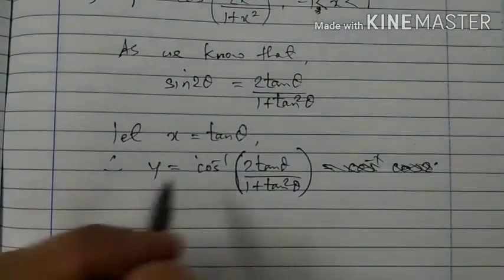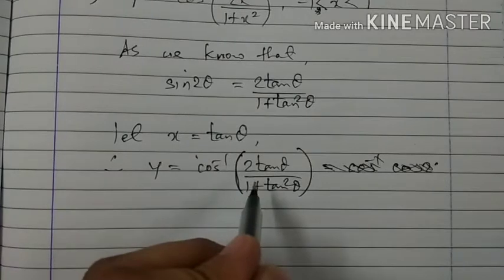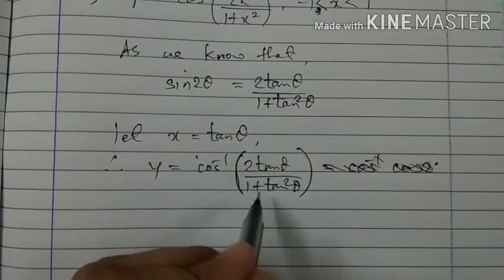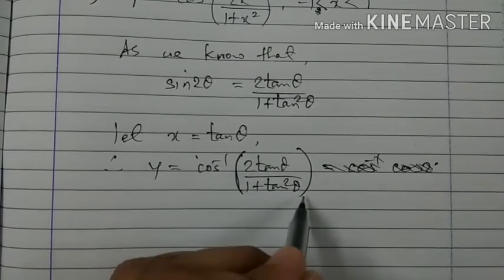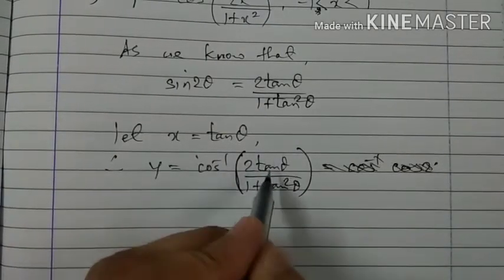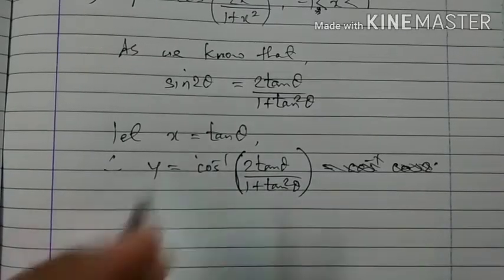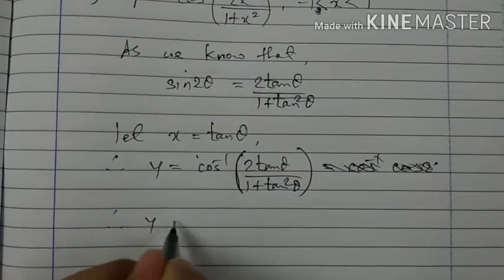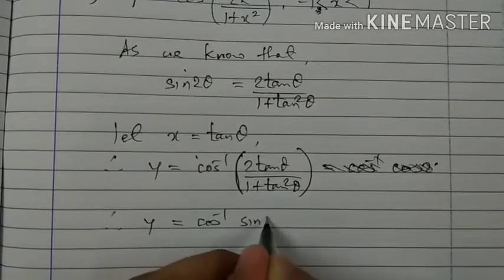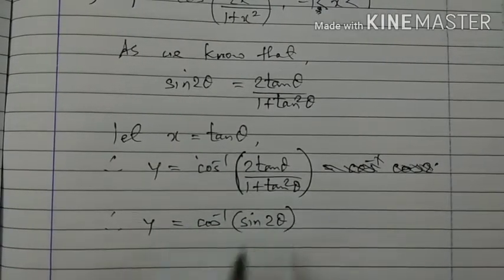So let us assume x equal to tan theta and write tan theta instead of x in the given term. So we will get 2 tan theta upon 1 plus tan square theta. Now for this we can write sin 2 theta. So y equal to cos inverse of sin 2 theta.